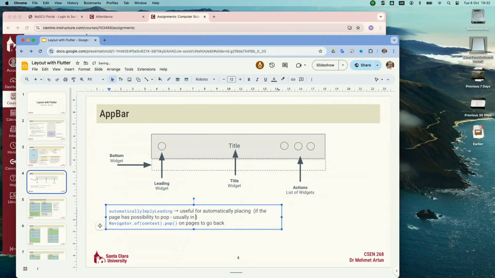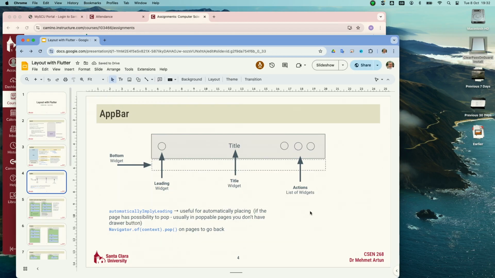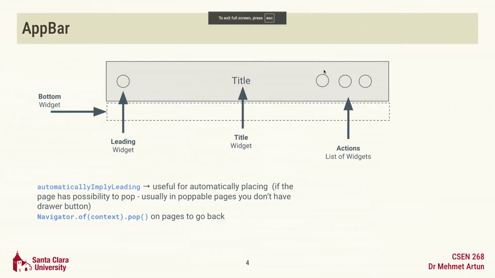Usually in poppable pages, you don't have a drawer. Okay? Because the whole point is that this leading widget is where the drawer button sits. So which one takes precedence is decided with this logic.